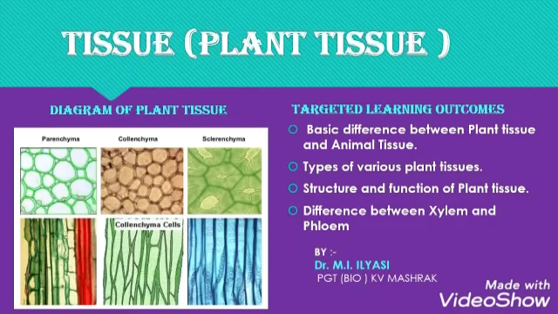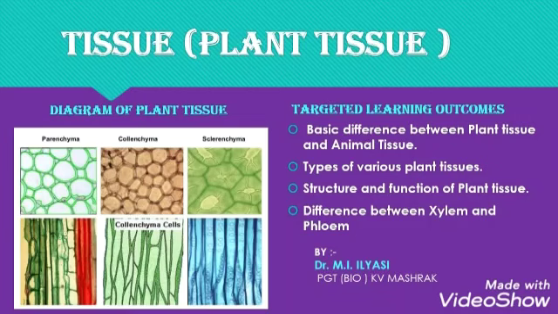Meristematic tissues are classified as apical, lateral, and intercalary on the basis of location in the plant body. Apical meristem is present at the apical or growing tips of stems and roots. Apical meristem increases the length of the plant, and lateral meristem is present in the radial portion of the stem or root.